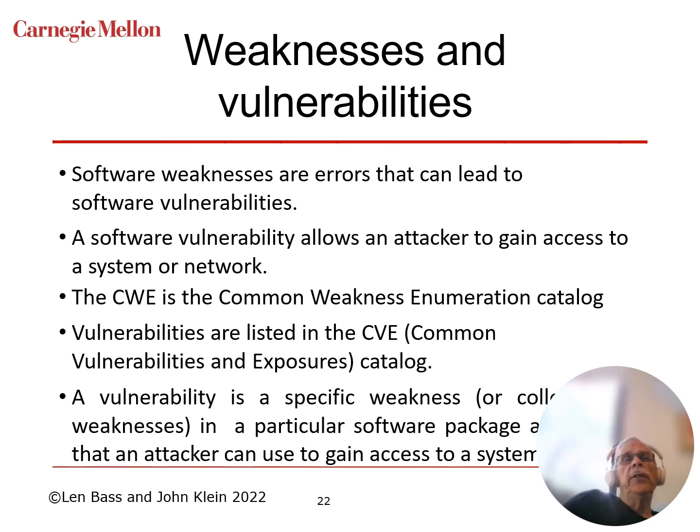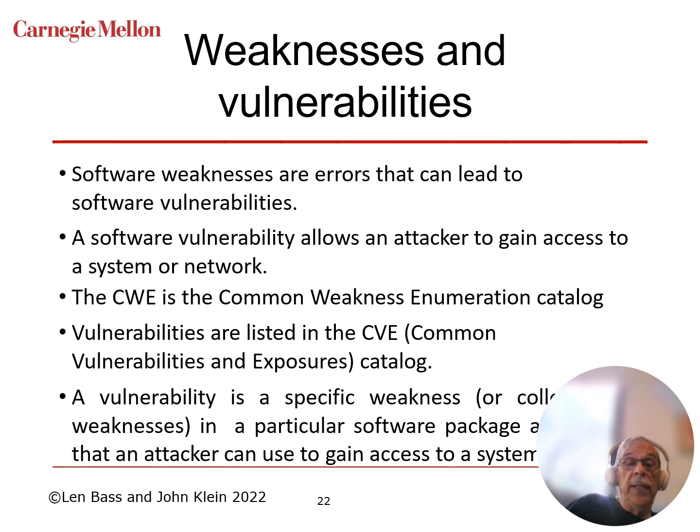There are lists of weaknesses, and they're kept in a database called the CWE, the Common Weakness Enumeration, and static analysis tools use that as the basis for checking things. So those are weaknesses, not vulnerabilities.